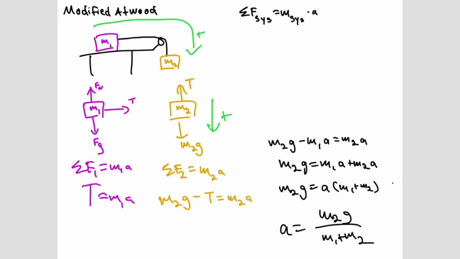So yet again, we get M2G is equal to M1 plus M2, the sum of the mass of the system, times its acceleration. And yet again, this looks quite similar to the steps down here, so we arrive at the same answer. Again, it doesn't matter which way you approach it, as long as you get the correct answer in the end, right?